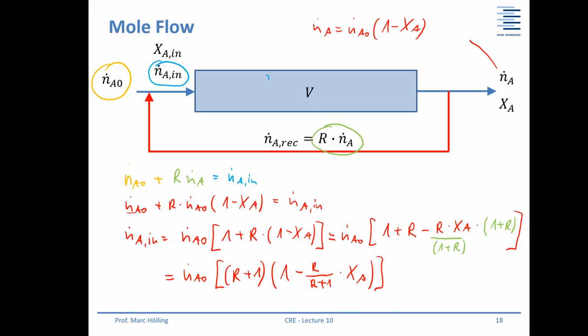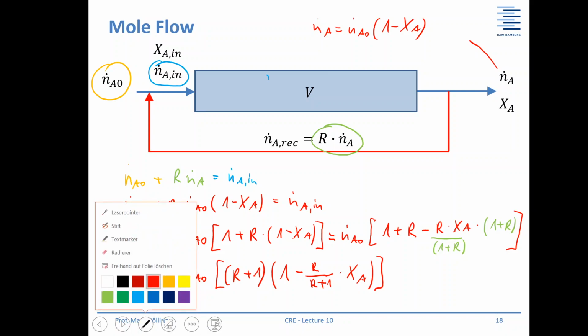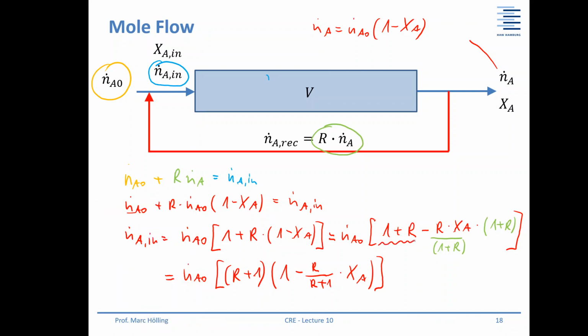Okay, what did I do? I just put R plus 1 in front of my brackets, and then I have this. So I removed, or I can even put some brackets here, maybe then it's more clear to see.